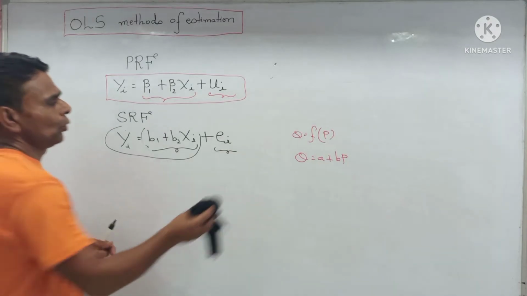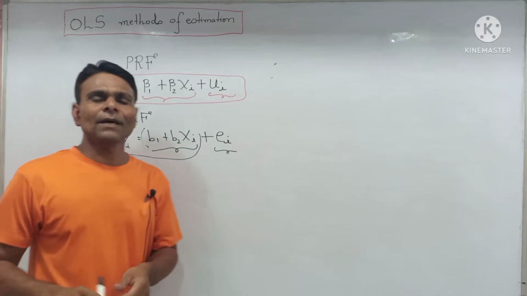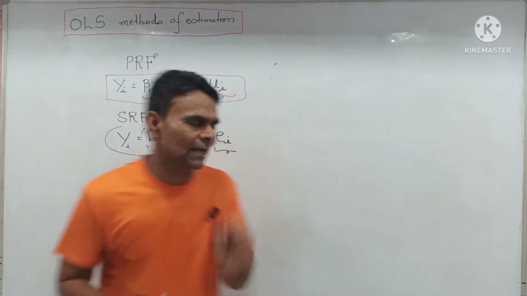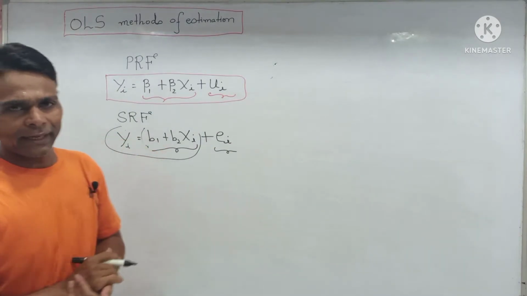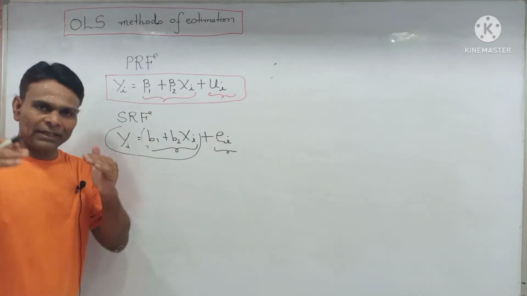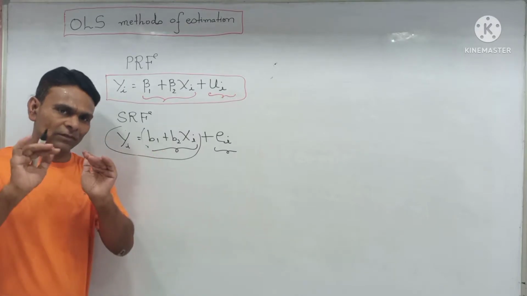Now, what is the OLS method? Very simple. The OLS method estimates the parameters of the regression model, that is, b1 and b2. The sample can estimate the parameters of the sample regression function.